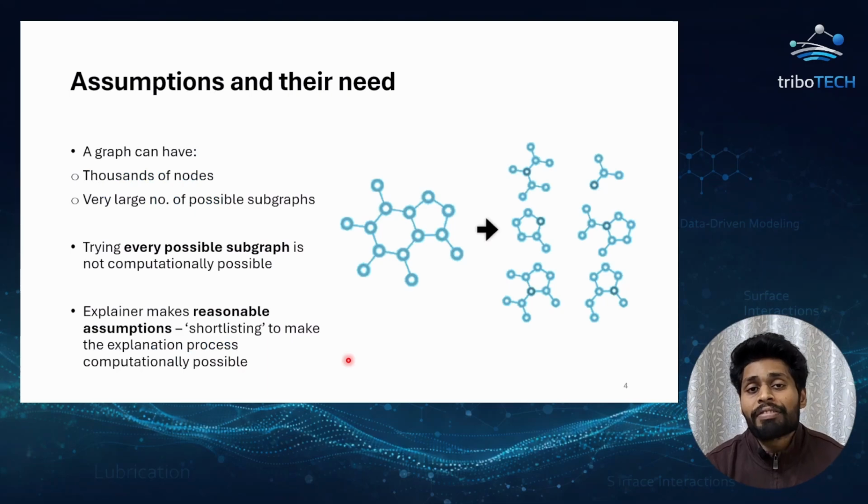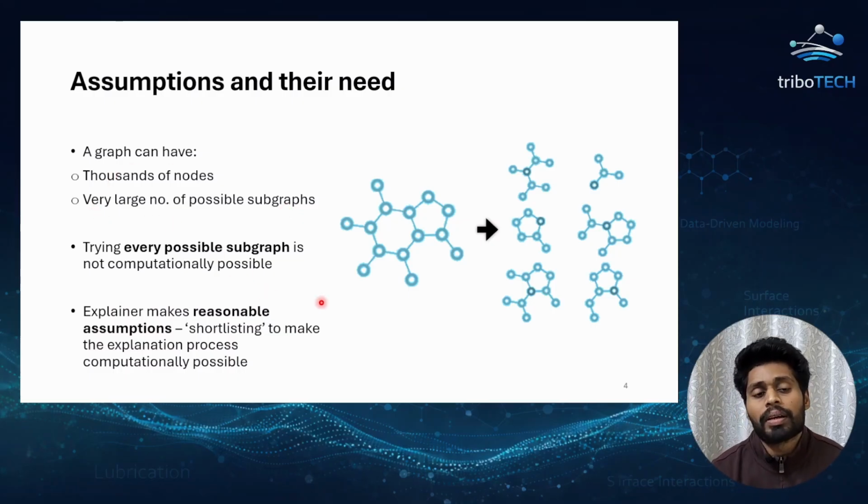Now, a graph can have thousands of nodes. For example, if we are talking about a social network, or bank accounts, or diverse molecules in chemistry, right? So a graph can have thousands of nodes. And if we have thousands of nodes, the number of possible subgraphs is also very large, right?